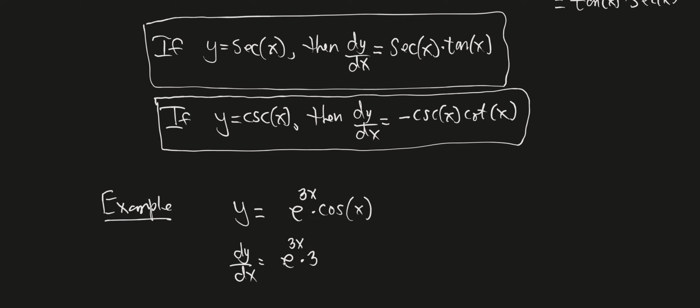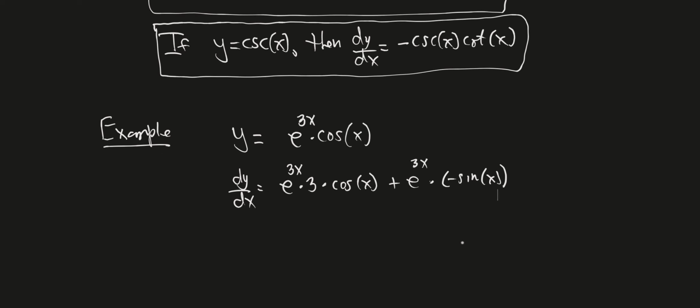So that's the derivative of the first, and then times the second, and then plus the first, so we get back the e to the 3x. And then now we get to utilize our newest rules. The derivative of cosine is negative sine, so times negative sine of x, right?